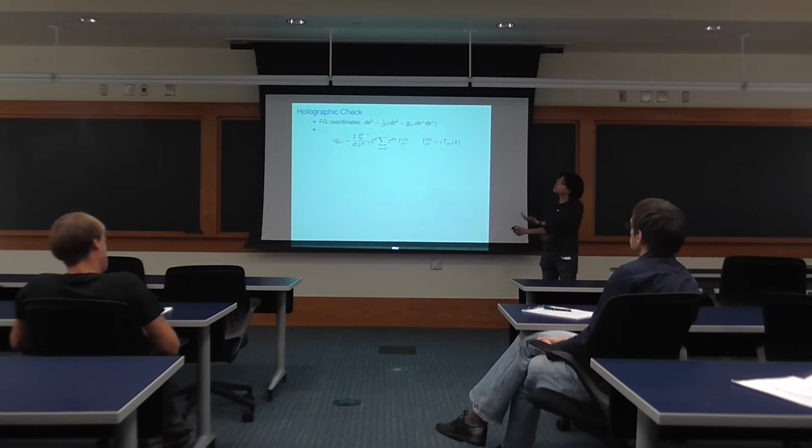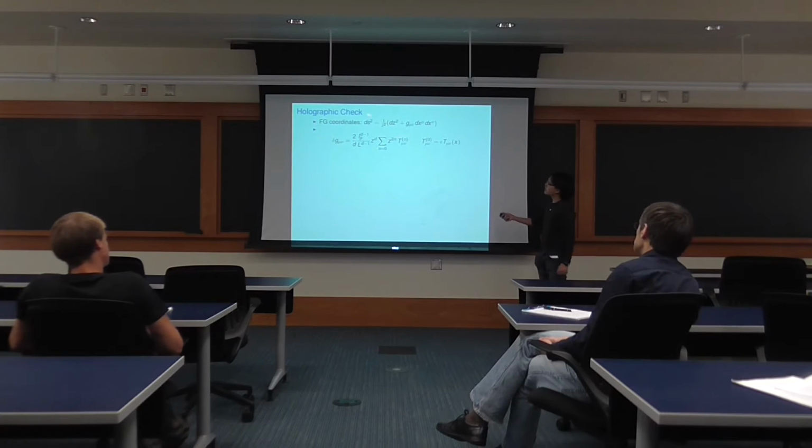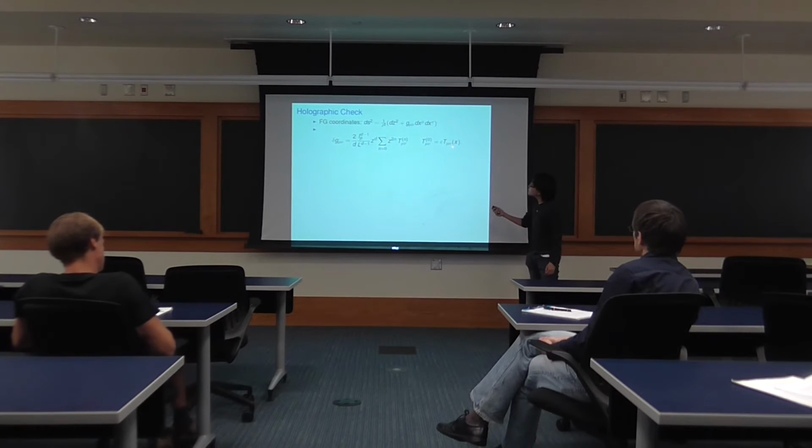To do that, it is most convenient to go into Fefferman-Graham coordinates. For ρ0, we simply have the metric of pure AdS space. For ρ1, we are introducing some boundary stress tensor with arbitrary x dependence.